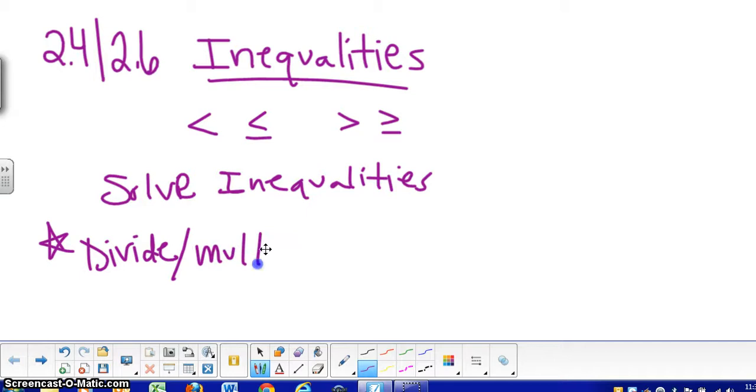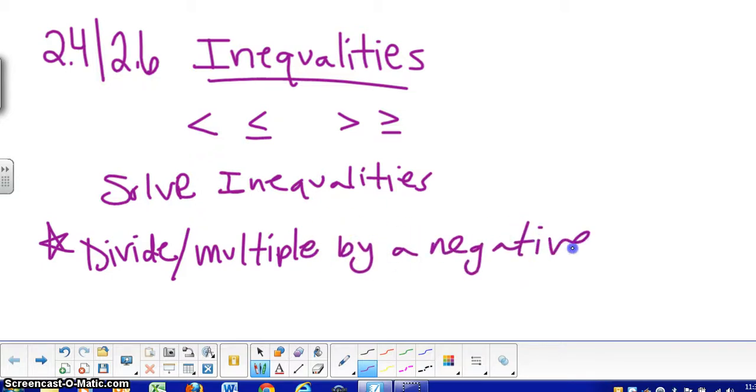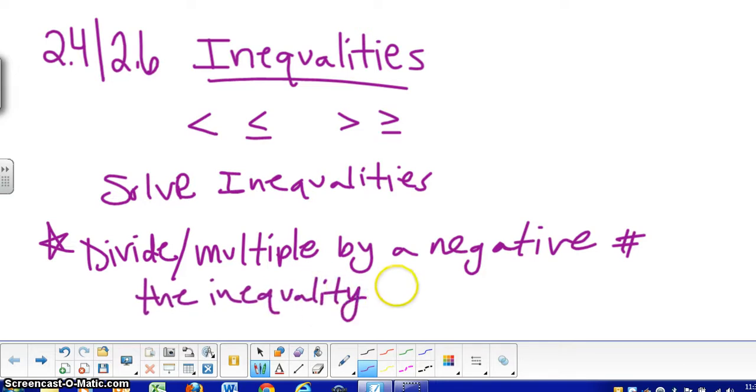Okay, so if you divide or multiply by a negative number, the inequality ends up flipping around. The inequality switches.